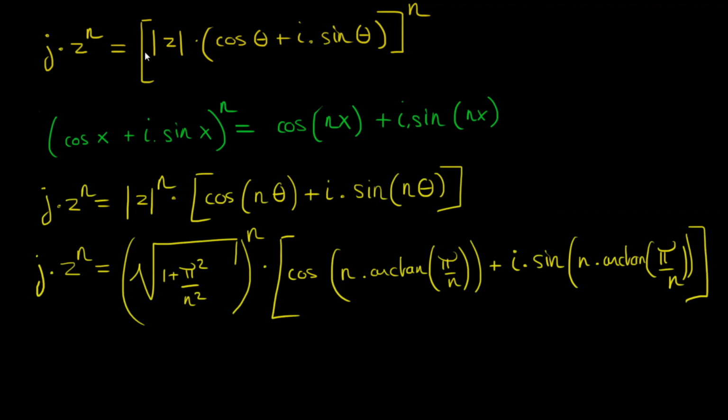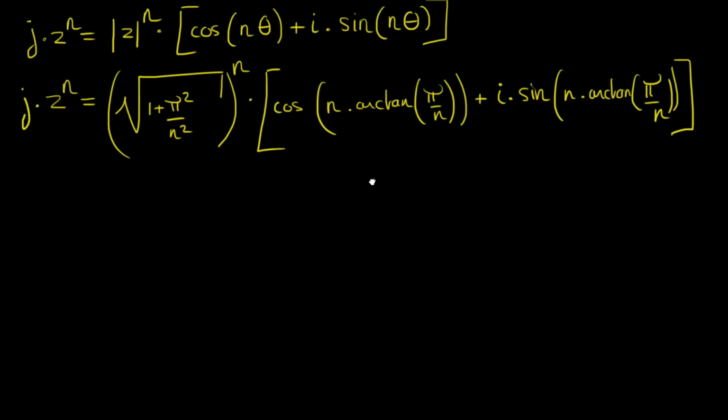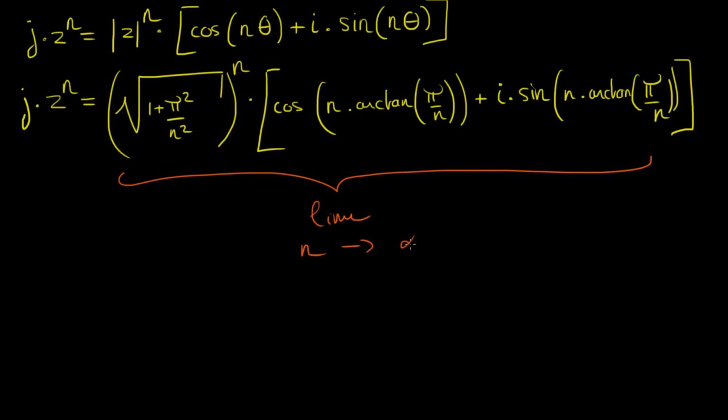But we still did not choose any value for n. So let's choose a very special one. Let's see what happens as n goes towards infinity. Let's take the limit as n goes to infinity of this whole thing. So in order to solve this, we can start with the limit as n goes to infinity of this term over here.